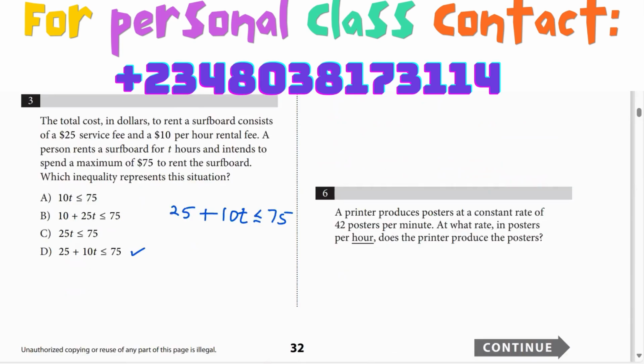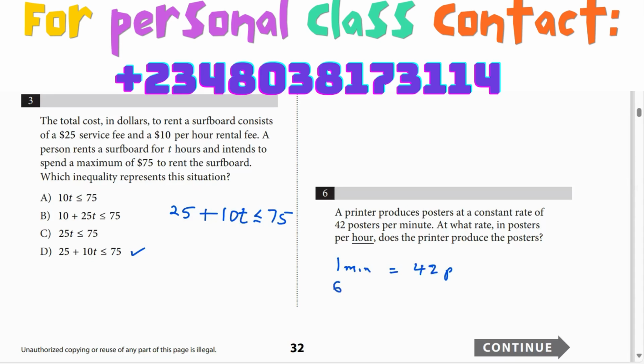A printer produces posters at a constant rate of 42 posters per minute. At what rate in posters per hour does the printer produce the posters? Okay, let's start this way. We can say 1 minute, we have 42 posters.